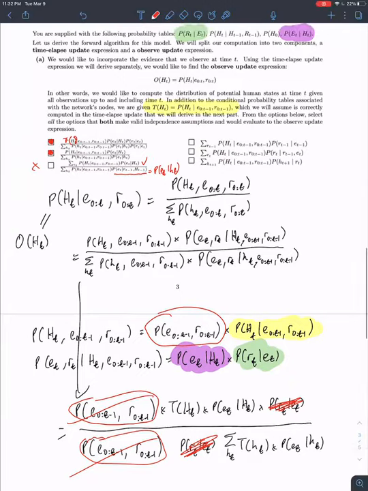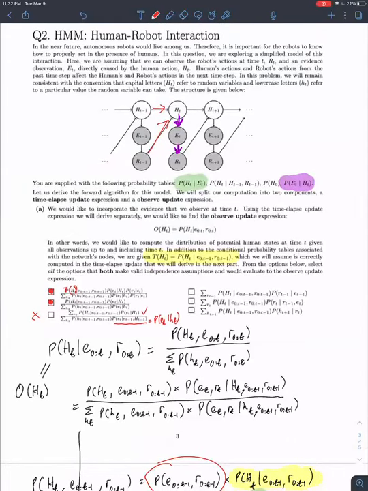So basically we're taking what we know about ht given all of this evidence, and then taking into account these two things.